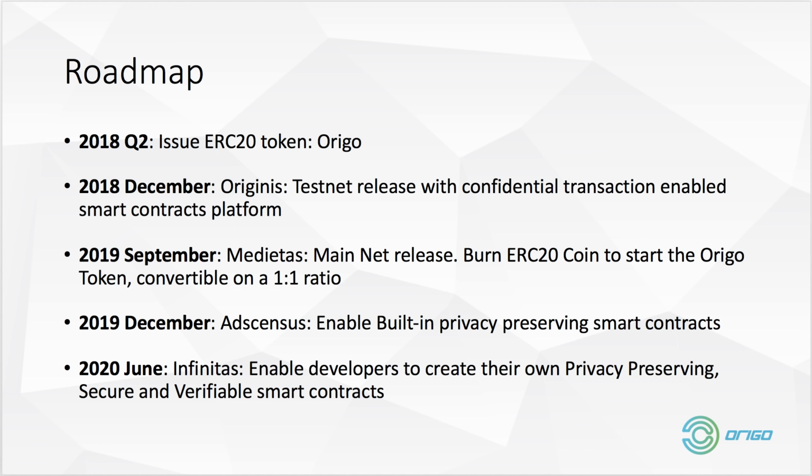And at the end of next year, we'd like to enable building privacy-preserving smart contracts, all of the functionalities, with our templates. For lots of contracts, we will start first by collaborating with some companies, and then we will announce some building templates for privacy-preserving smart contracts, and launch on that.